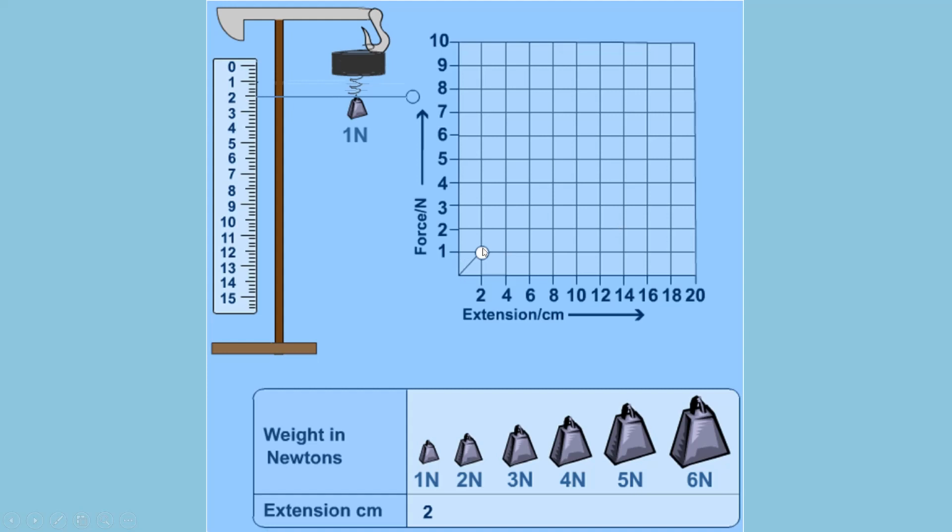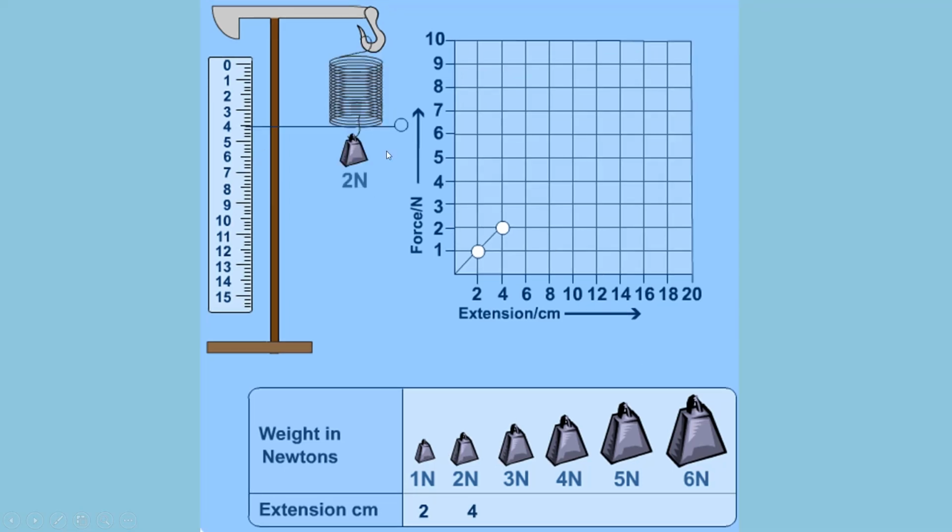So when the weight is 1, the extension is 2. Now, what will we see if we put the weight of 2 Newton? When we put the weight of 2 Newton, the extension increased till it reached 4. So every 2 Newton, 4.